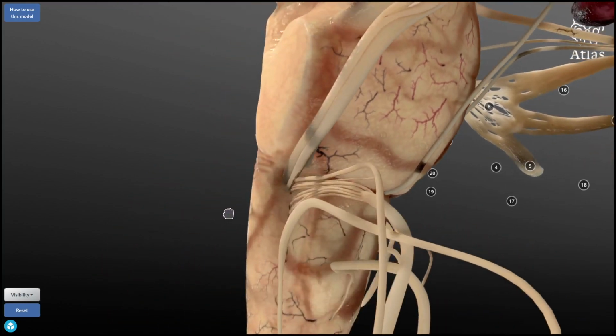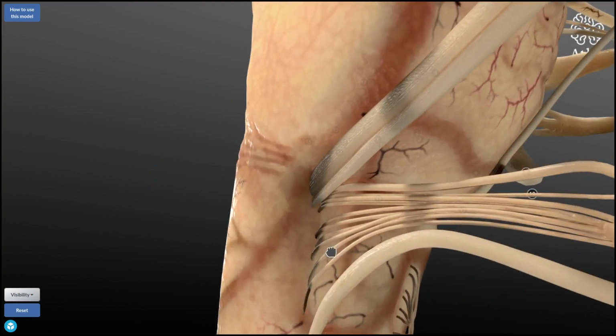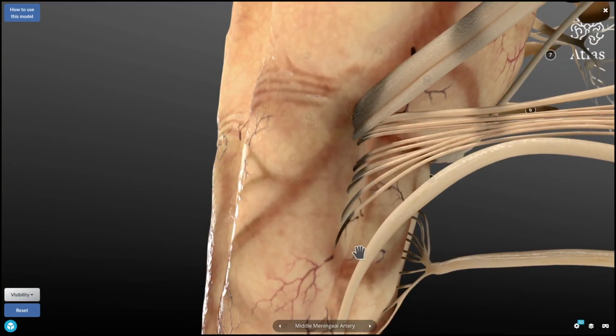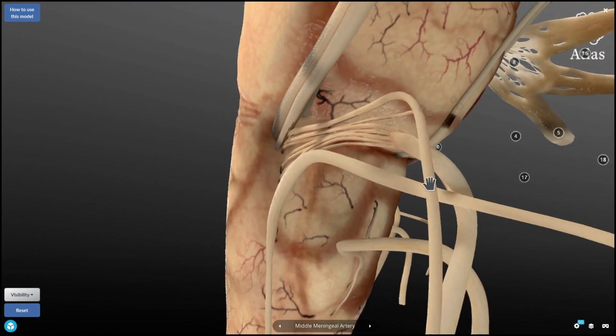So we're looking at the rootlets here on the sides. They appear to form single nerves when they're out here, but their rootlets betray their true origins. They belong to the same gray matter inside. So more on that later.